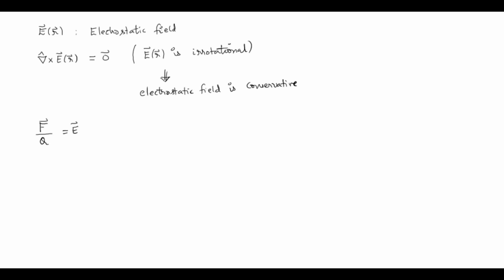Since this is a conservative field, this is also a conservative force field. So F vector is called the Coulomb force. The Coulomb force is also a conservative force field. So this is another important observation.